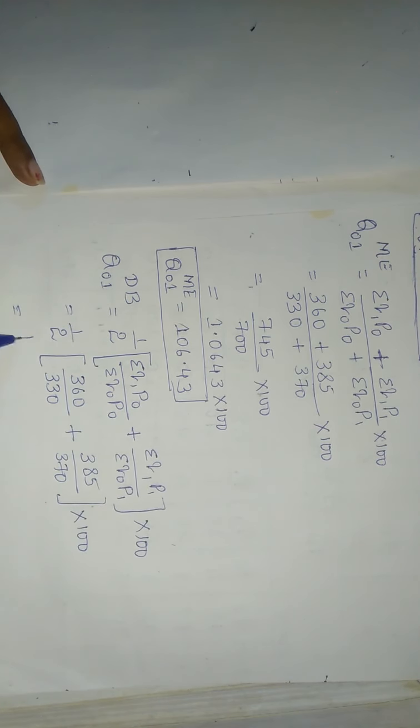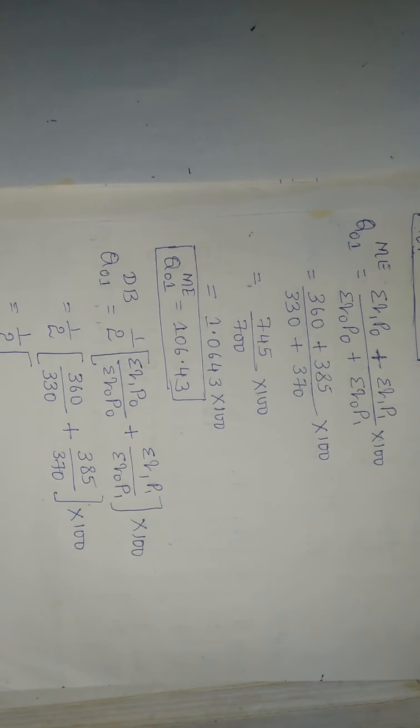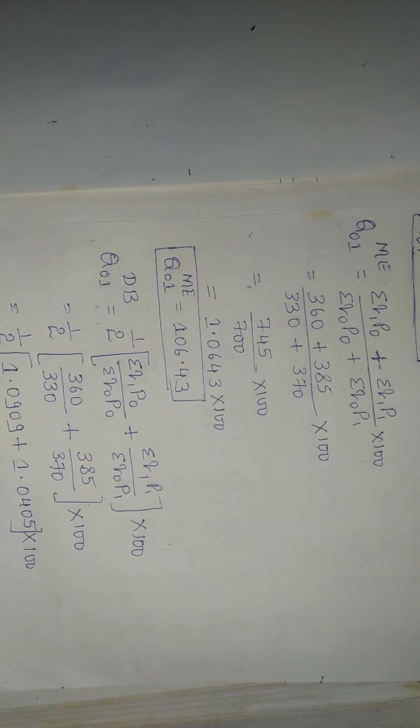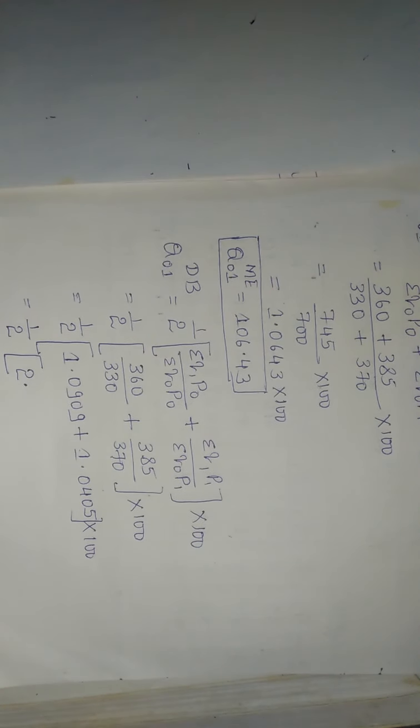Then write here 1 divided by 2. So 360 divided by 330 is 1.0909, plus 385 divided by 370 is 1.0405, into 100. Okay, right here 1 divided by 2 into 1.0909 plus 1.0405, that is 2.1314, into 100.